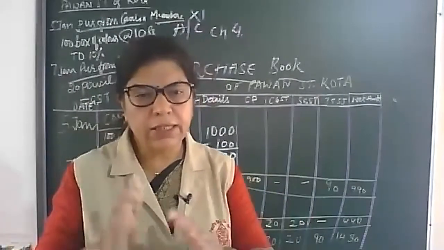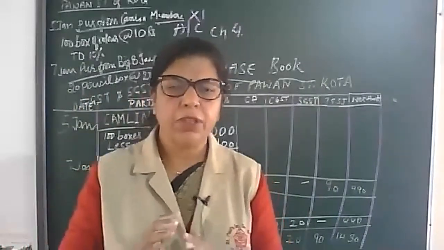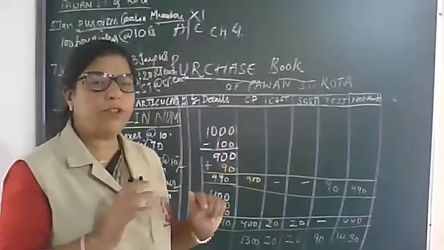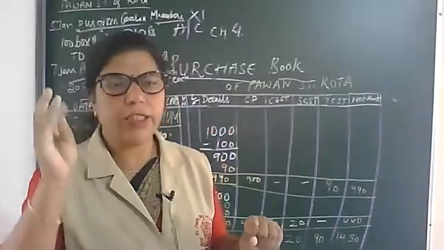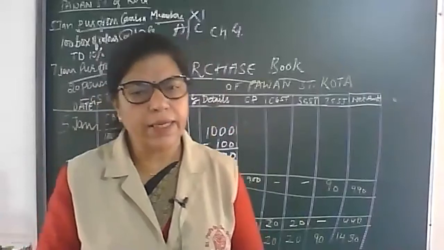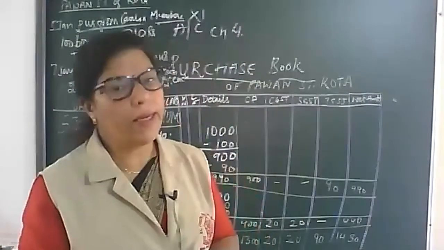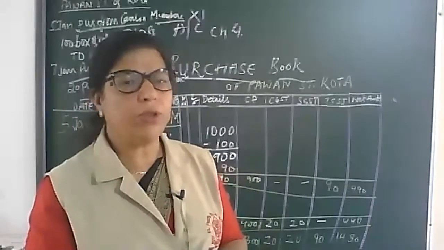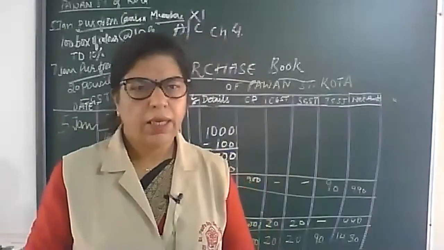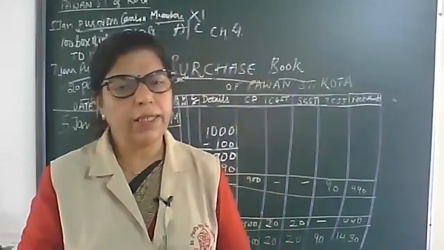And if the transaction is within the same state, different cities of the same state like here, Jaipur, Kota, then you will use CGST and SGST both. CGST means Central Goods and Service Tax imposed by the central government and SGST means State Goods and Service Tax which is imposed by the state government. And IGST is the total combination of CGST and SGST.